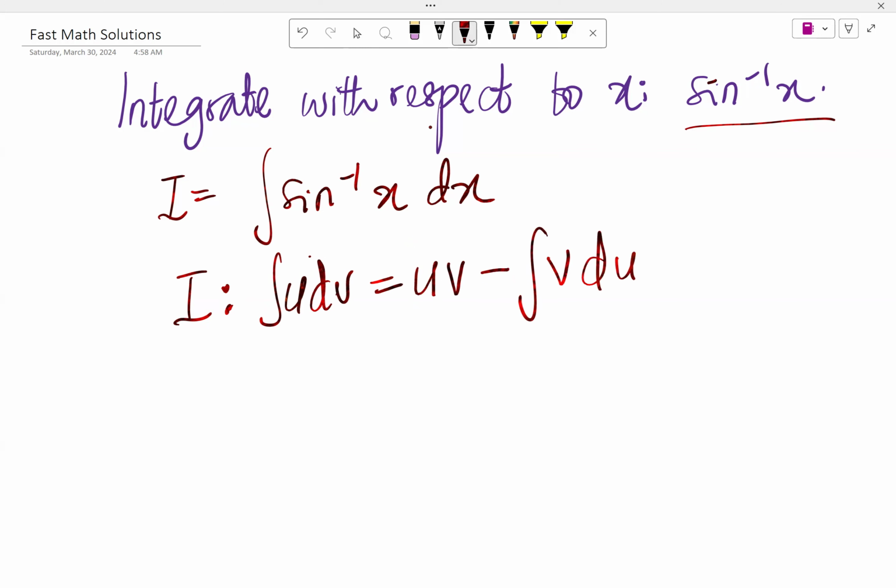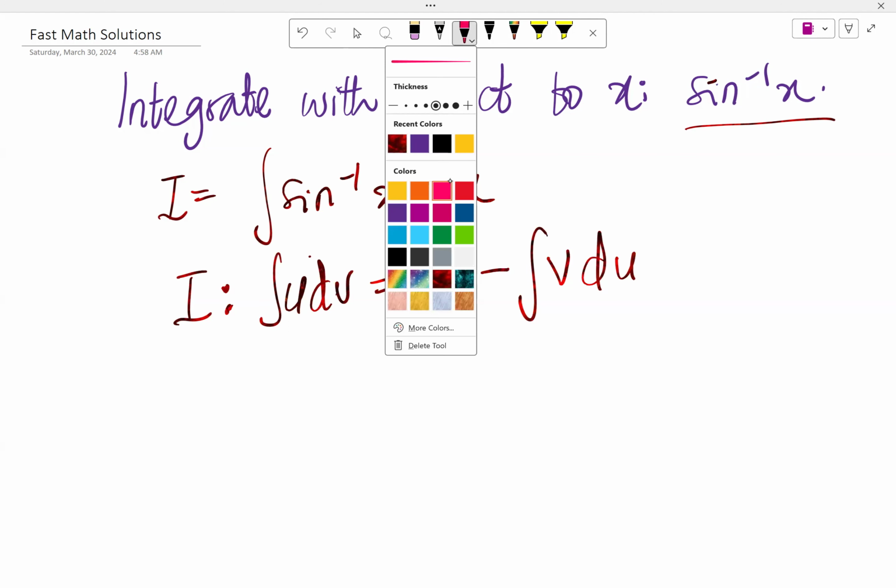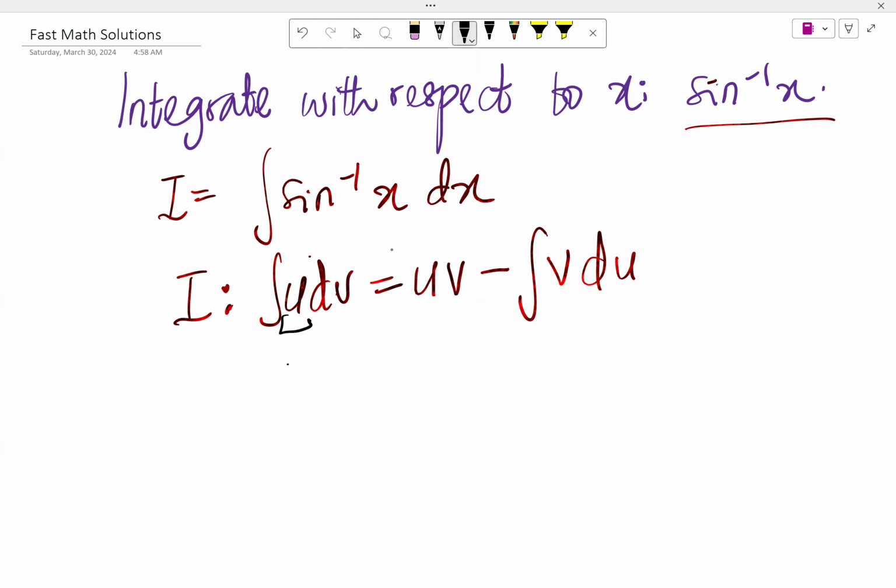So what it simply means is that you need to call something u, and this u is going to lead you to du. So you should pick something you can easily differentiate.